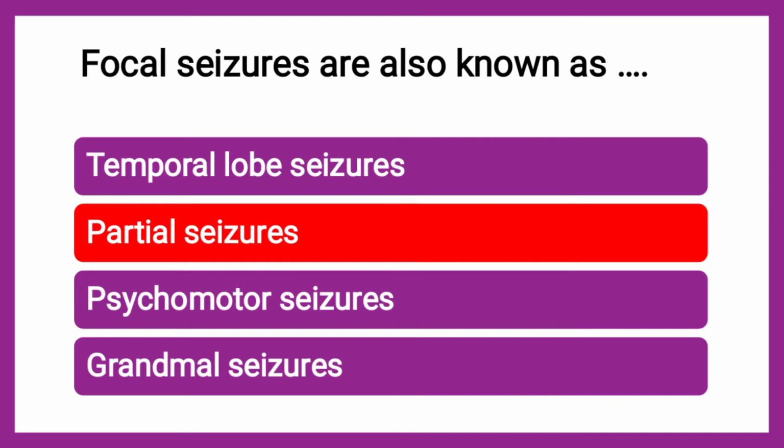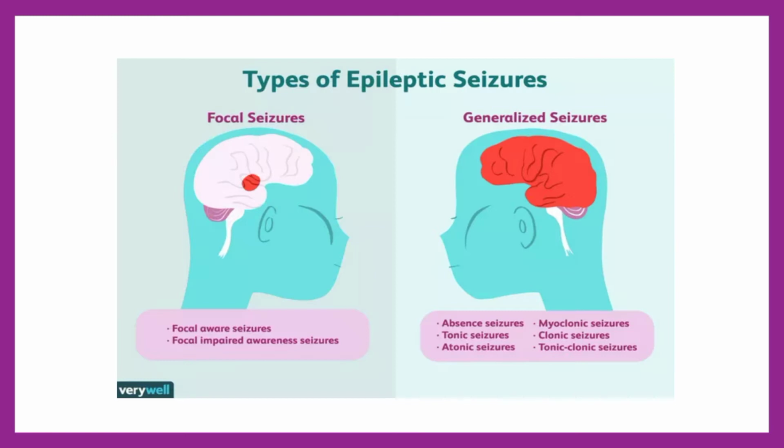Okay. We will see it with the diagram. As you can see here in the diagram, generalized seizure is spread over the whole area, and focal seizure, as you can see, is focusing on a particular part. So it is called focal seizure, and there are various subtypes of these focal seizures, but that is partial seizures. Okay.